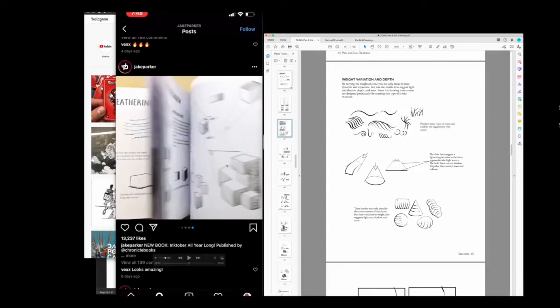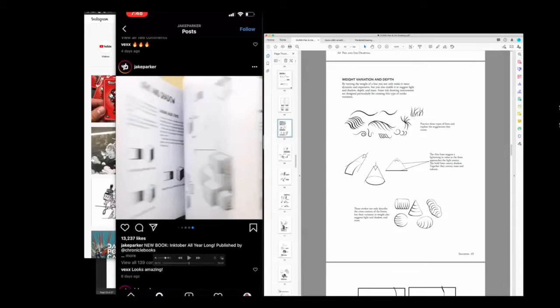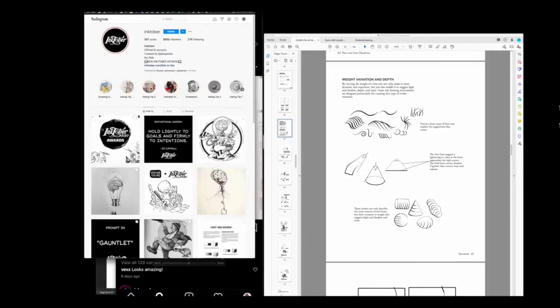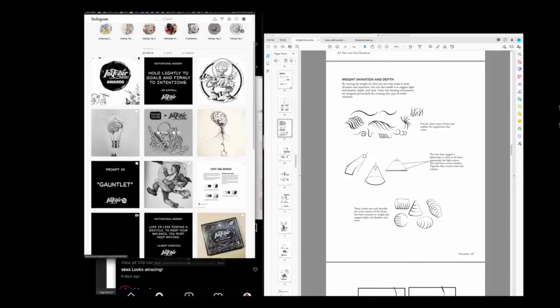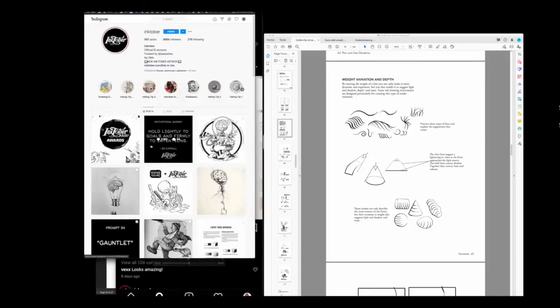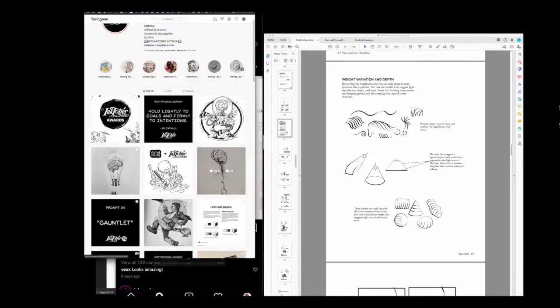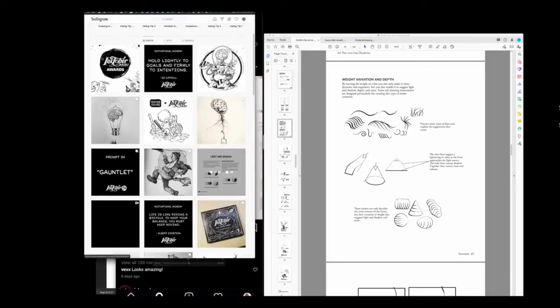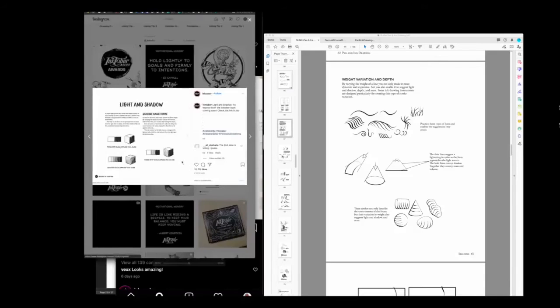Now, of course, you can't see a clear image here, but I'm going to show you exactly what it is. If you go on Inktober, his Inktober Instagram profile, you see where he made a post here from the book. So he's giving little sneak peeks of information taken from the book to build anticipation for the sale, of course.